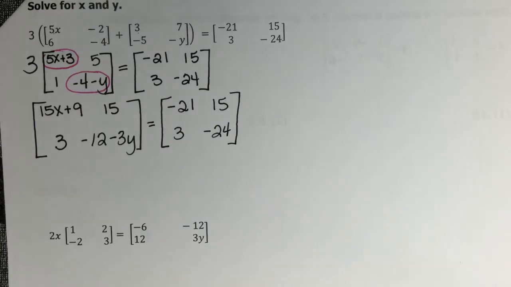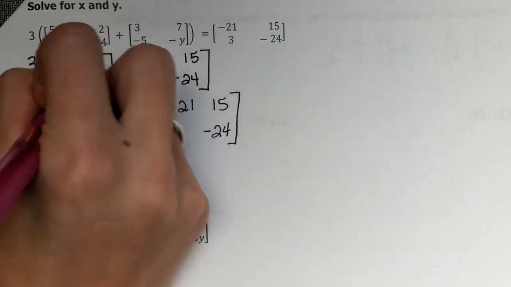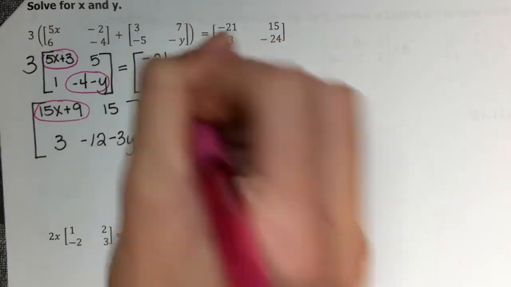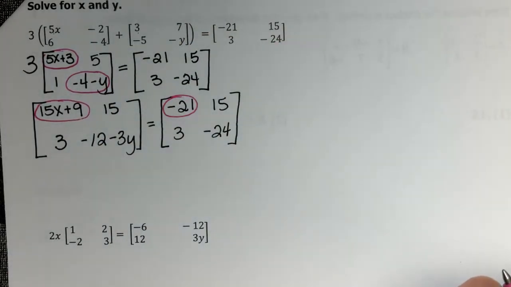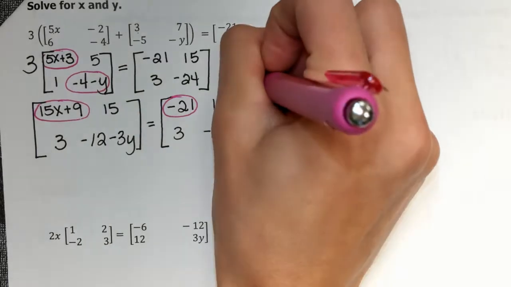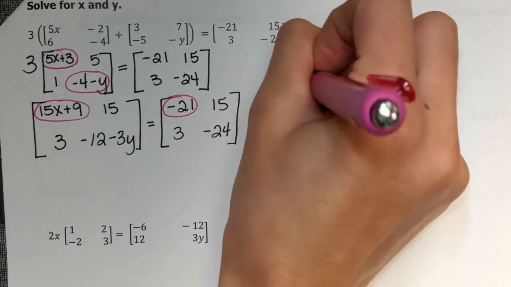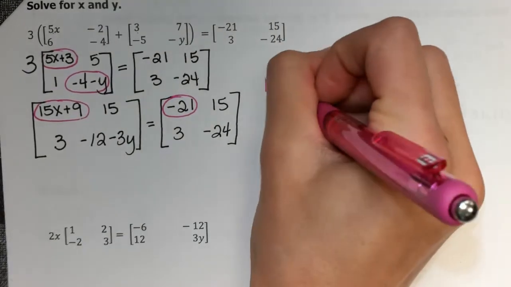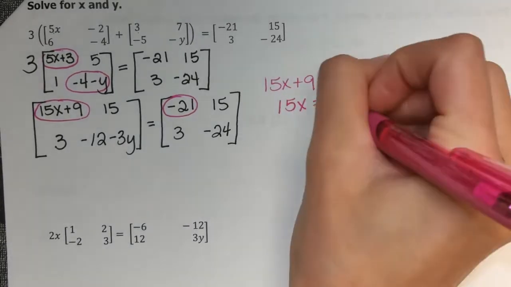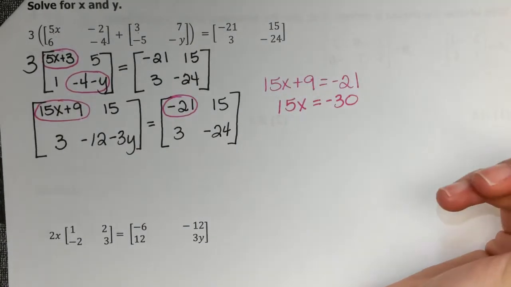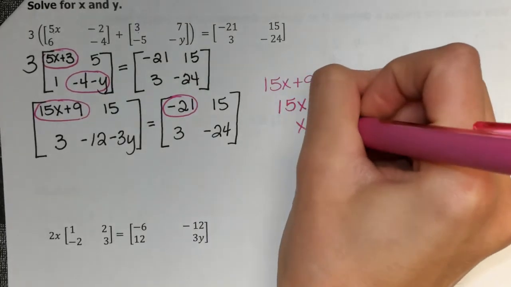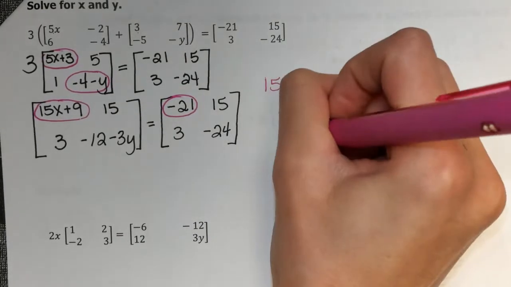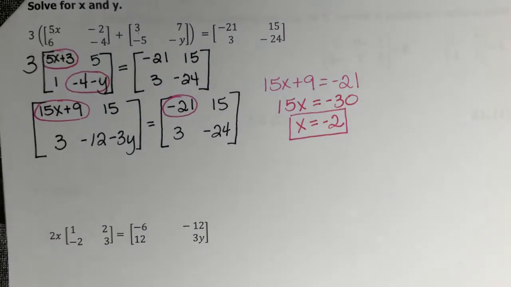So I'm going to look for my x, 15x plus 9, and negative 21. I'm going to set that equal. How am I going to solve? Subtract the 9, so 15x is equal to, and then x is equal to. Very good. Then I'm going to find my y.